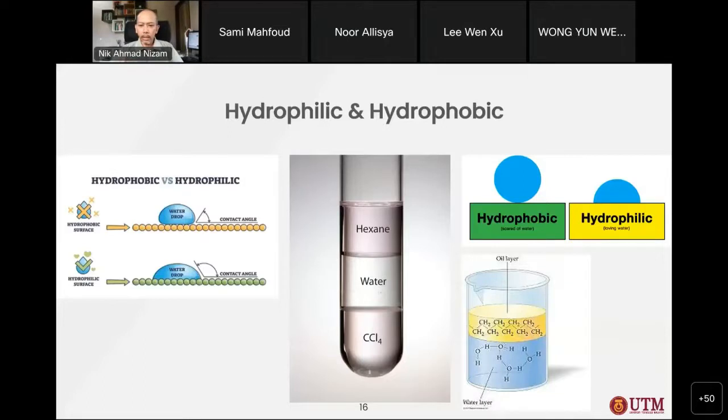When we talk about hydrophobicity and hydrophilicity, we are talking about interaction, not reaction. In chemistry, there is a difference between interaction, attraction, and reaction. Reaction is when we have compound A plus compound B, they react together and form compound C. But interaction is, for example, among water molecules.